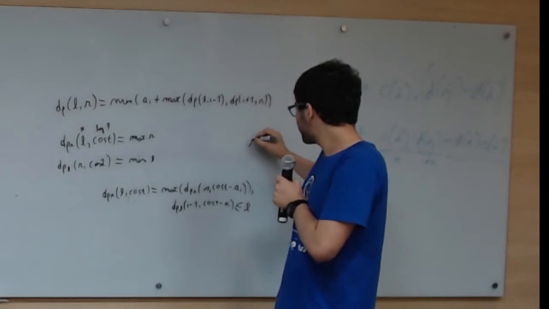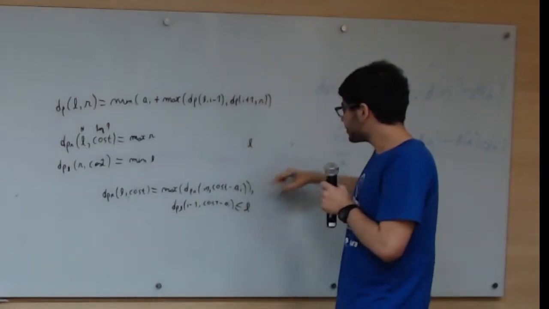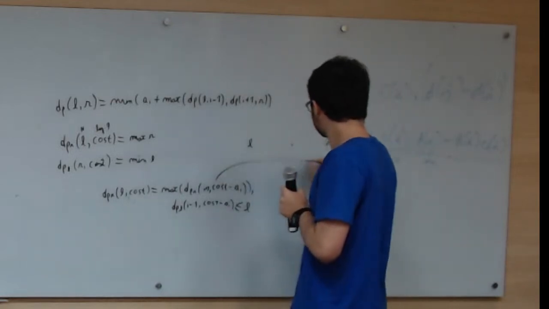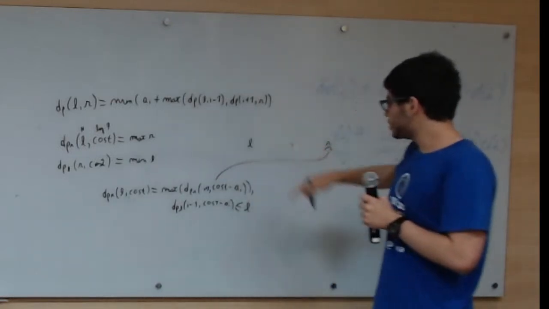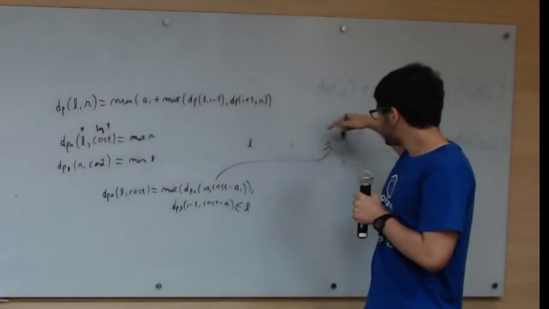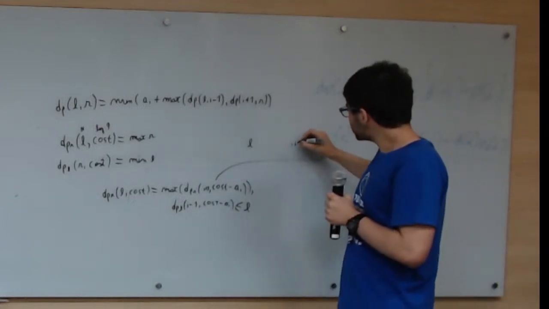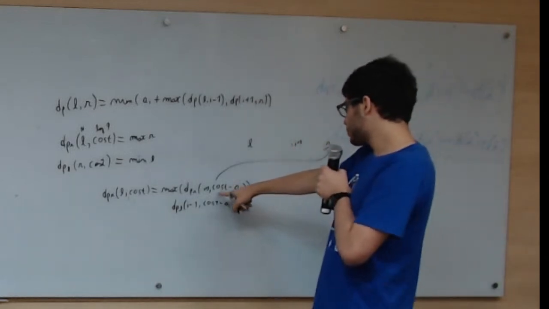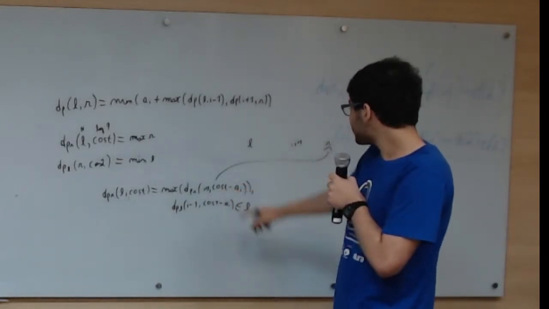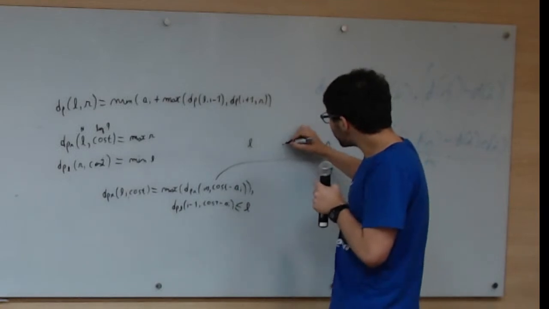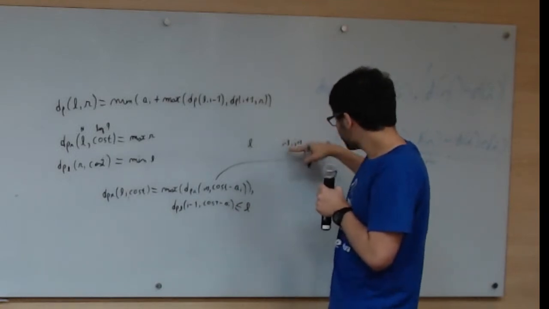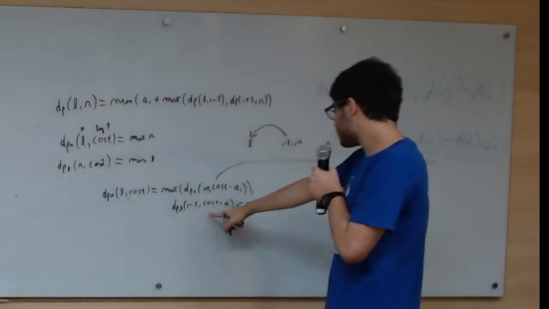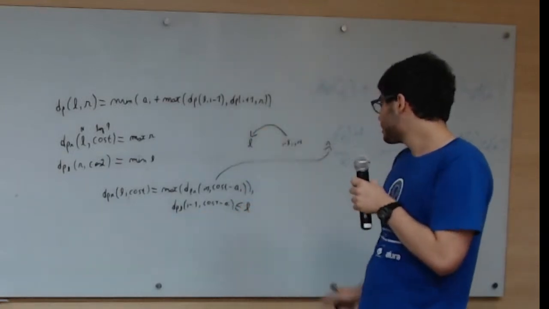So you have here L, an I, and let's say that this is R. Your answer can be L if from I+1 you can go into L spending at most cost minus A[I], and if from I-1 you can go into L spending at most cost minus A[I] too.